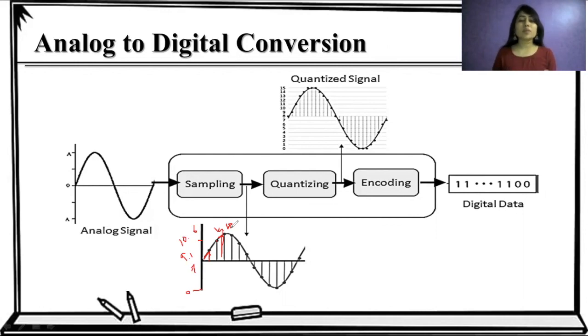Then these sampled values can be converted into integer values for conversion into digital information. So this 7.6, or whatever the value, we make this an 8. Then 9.1, we make this a 9. 10.6, we make this value an 11.